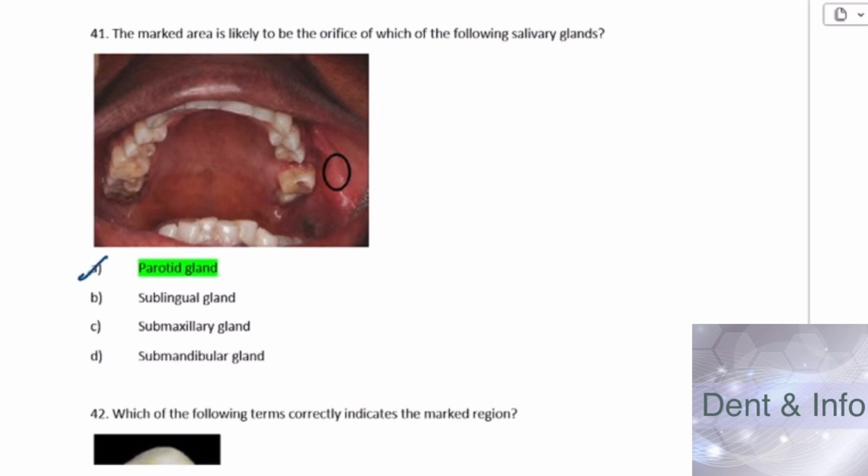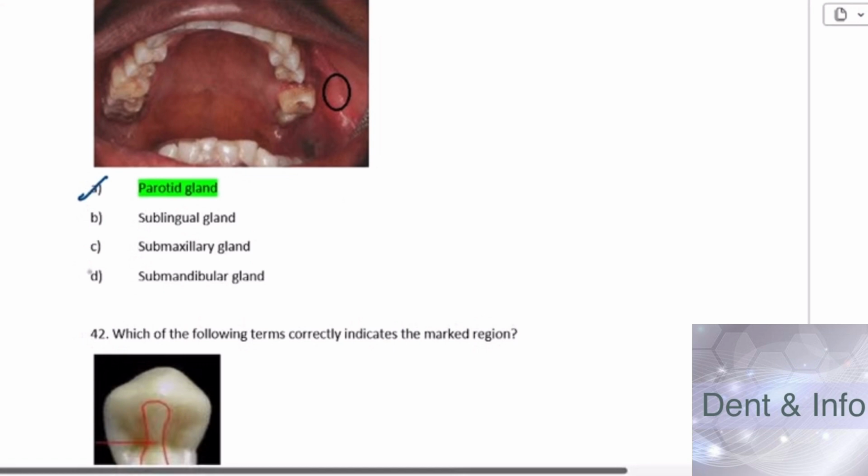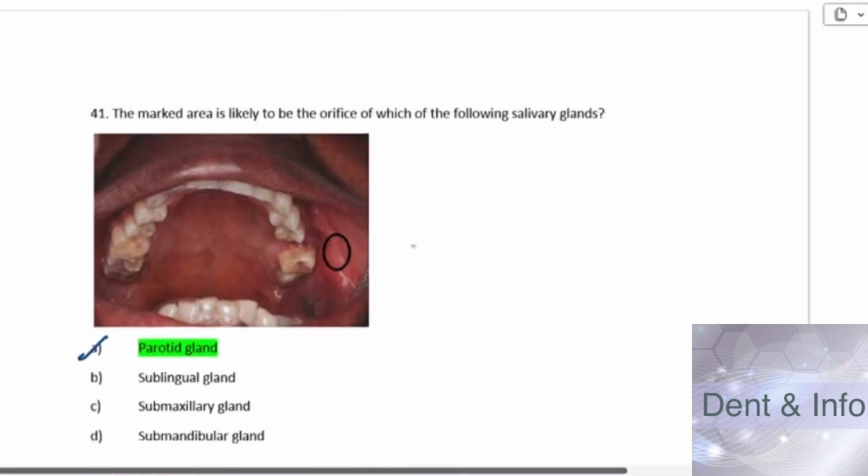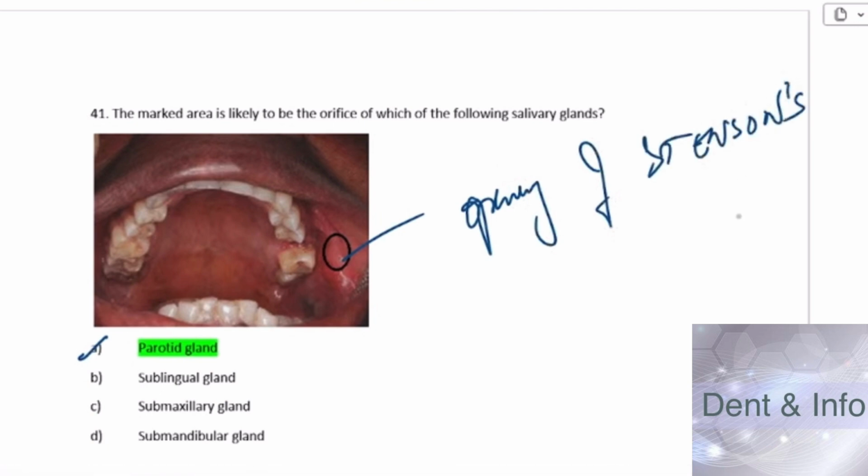Only one duct opens in the buccal mucosa in the maxilla. Rest, your submandibular and sublingual, are opening in the floor of the mouth. So, straightforward parotid gland. Stenson's duct opening, this marks the opening of it, right?